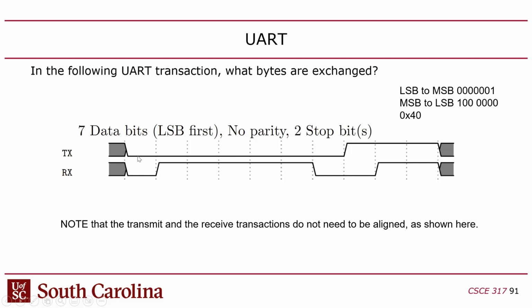So in order to read what's happening here, you first ignore the first bit time, which is the start bit, and then we count 7 data bits. Going from the transmitter, you've got 0, 0, 0, 0, 0, 0. Okay, so that's 1, 2, 3, 4, 5 zeros, and then a 0, 1, and then your 2 stop bits.